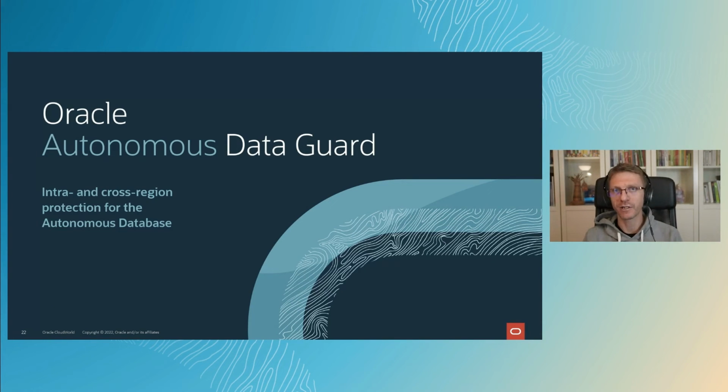So whatever pluggable database you create, whatever autonomous database you create on a dedicated infrastructure, is protected automatically because it belongs to a container database that is protected by Data Guard. So you get the same protection. Recently, we have introduced fast-start failover also for autonomous database on dedicated infrastructure.